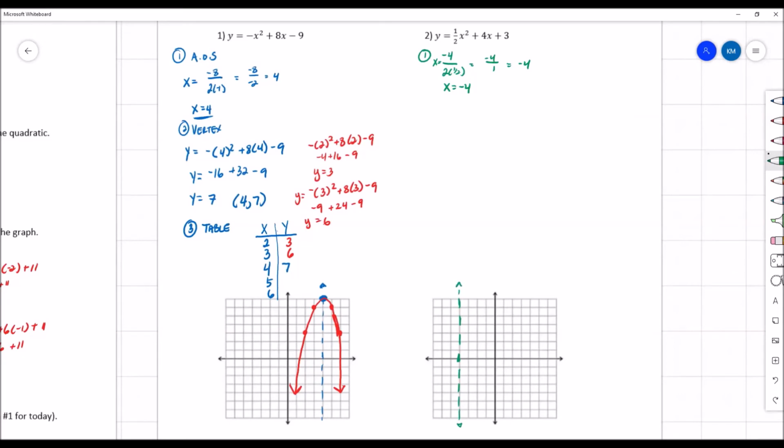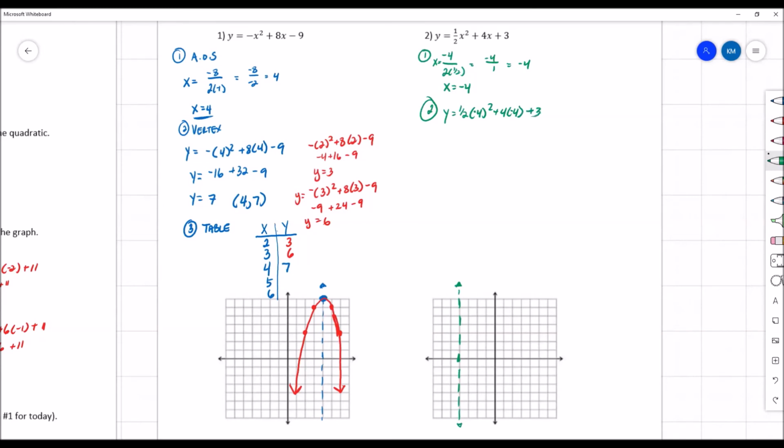From there, I need to find my vertex, and I do that just by plugging negative 4 into my function. Y equals 1/2 times negative 4 squared plus 4 times negative 4 plus 3.